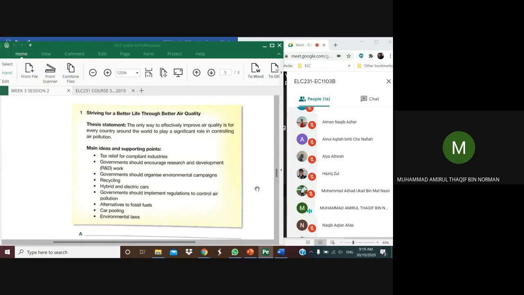The supporting details are environmental law and tax relief for compliant industries.